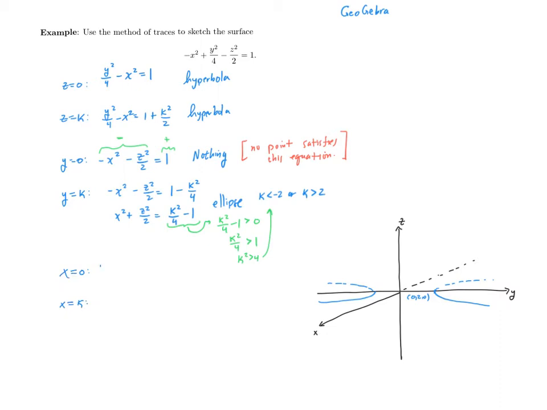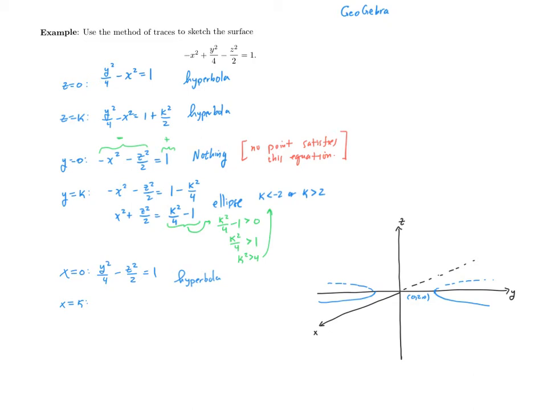If x is 0, we have y squared over 4 minus z squared over 2 is equal to 1. So in the x equals 0 plane, i.e. flat on the screen, we have a hyperbola, and because of its form, we see that it opens along the y-axis, where it has y-intercepts given by plus or minus 2.